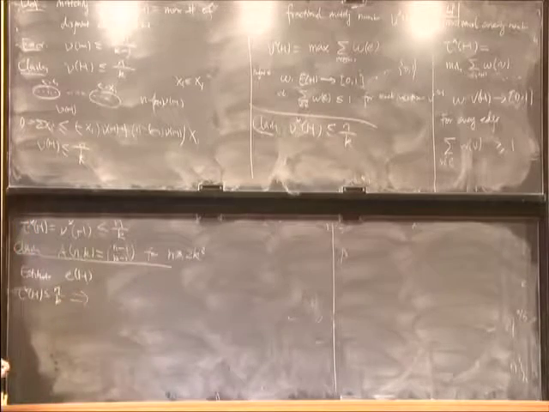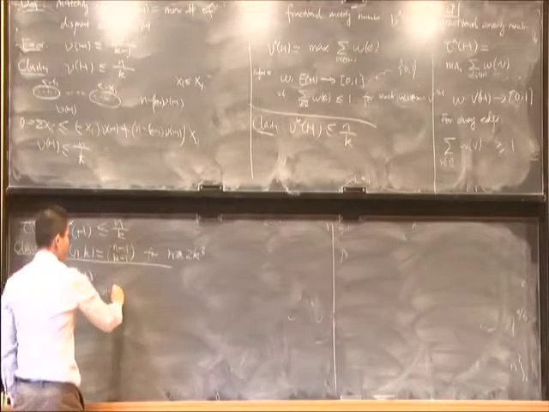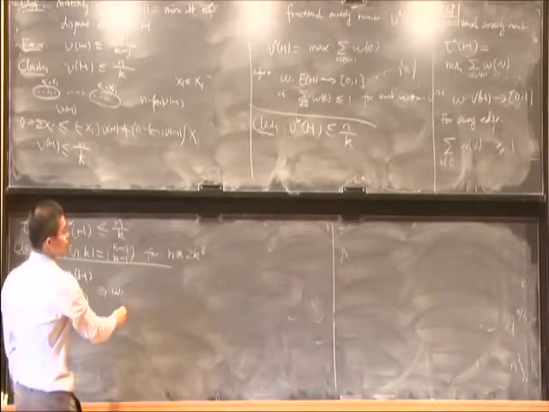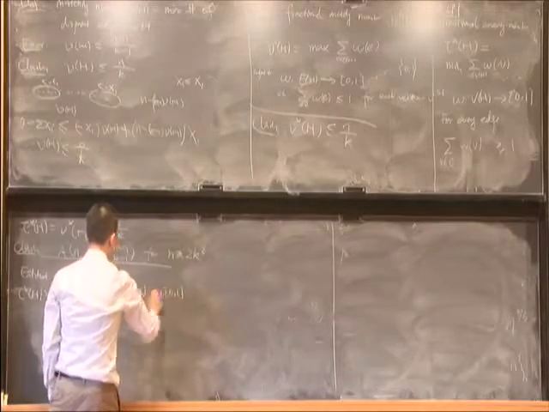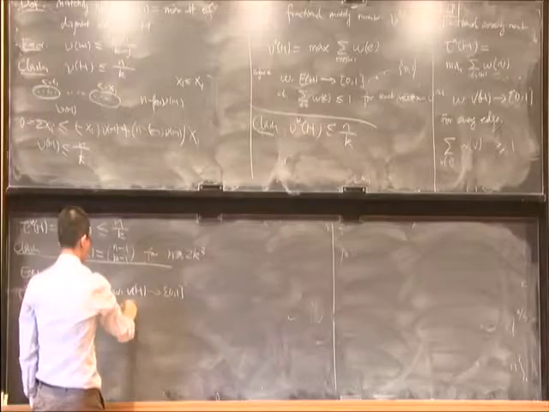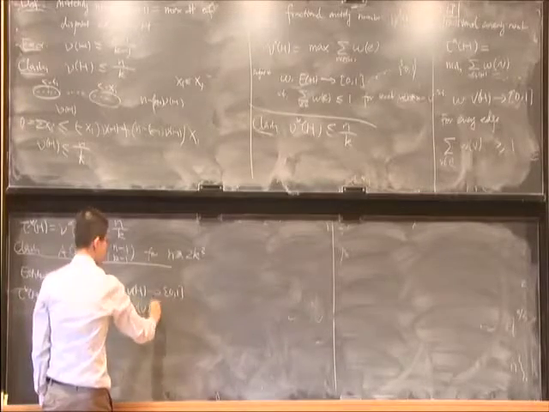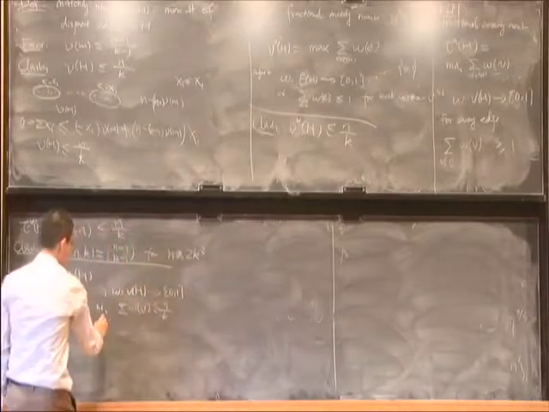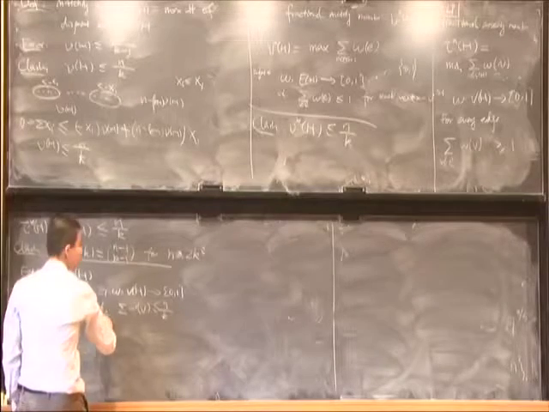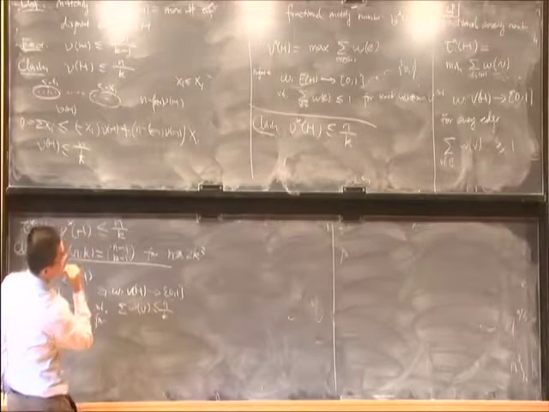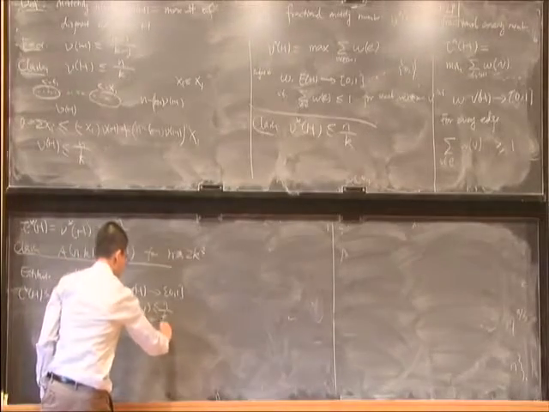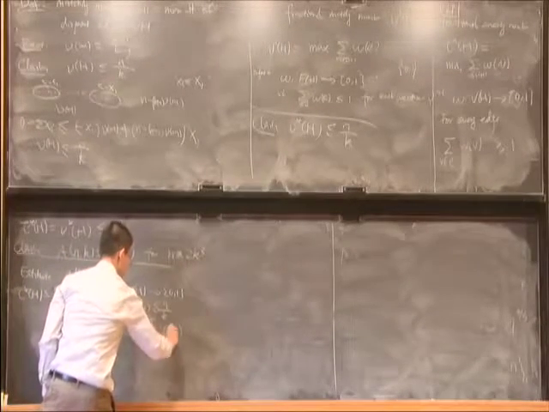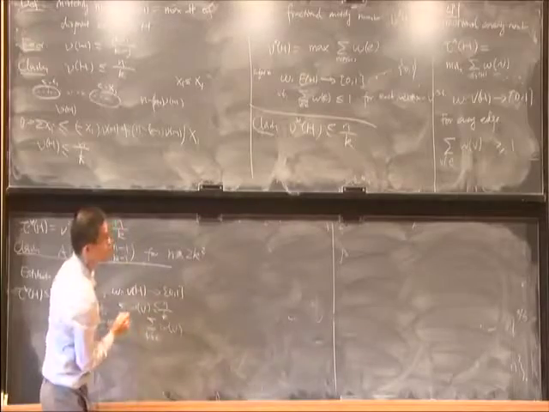This implies we can always find a weight function, just by the definition, from the vertices to [0, 1], such that, first of all, the total weight is at most n over k, and then for every edge, the total weight is greater than or equal to 1.